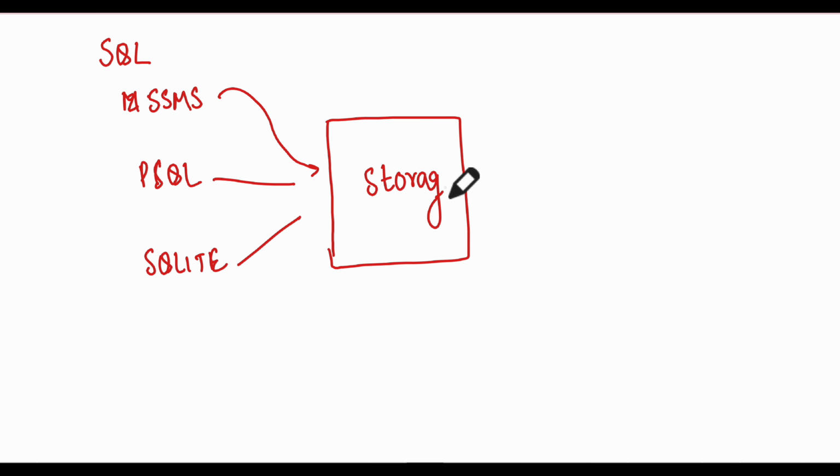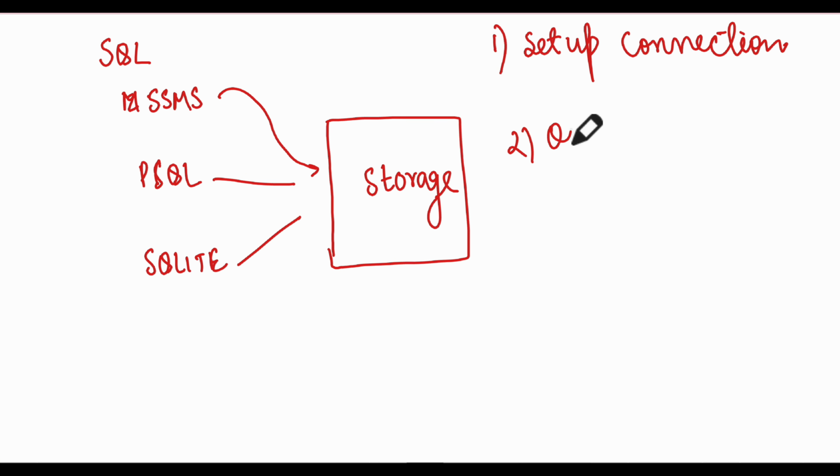Now how this connection takes place, and how you do things in Python, is that it is broken into two steps. First, you set up a connection with your SQL server, whatever it is called. After that, you write a query to execute things.